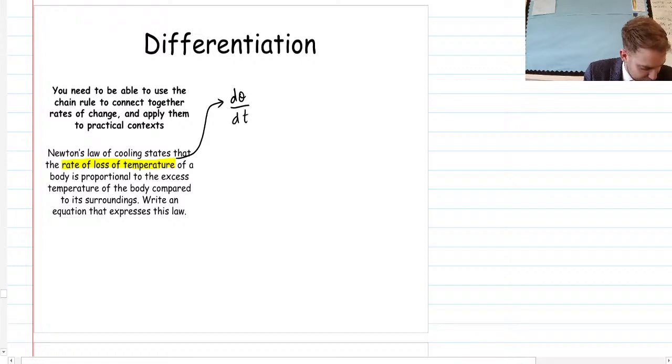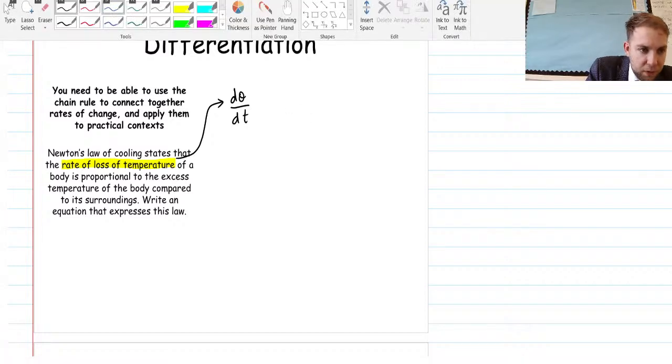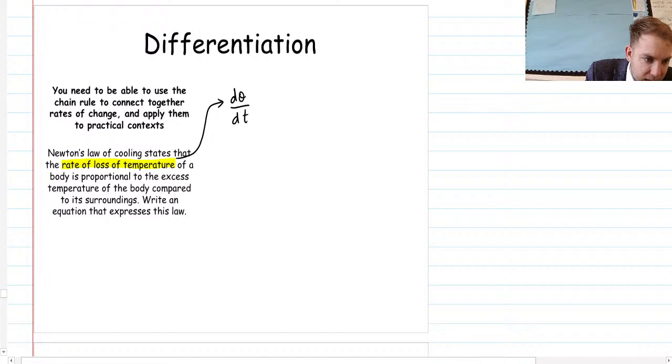So the rate of loss of temperature, and don't forget it's the loss, is proportional to the excess temperature of the body compared to its surroundings. So it's proportional to the temperature of the body compared to the surrounding bits, which is a bit trickier, because we don't know what that is.